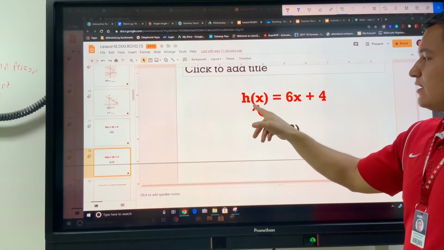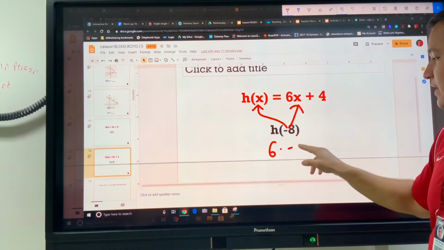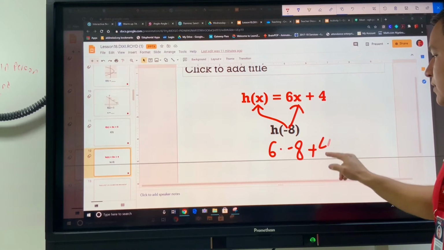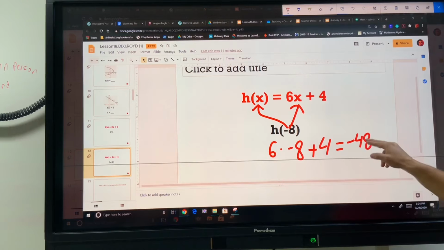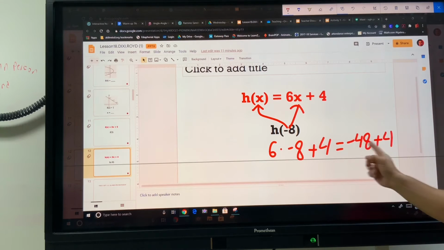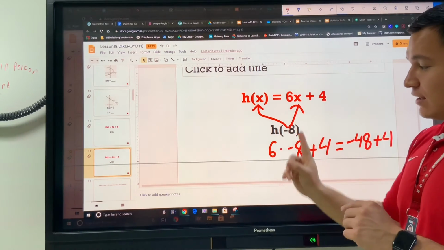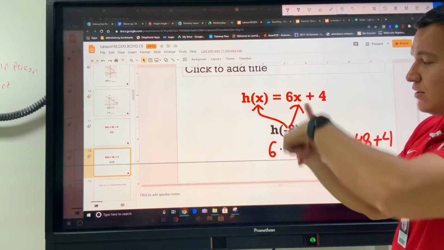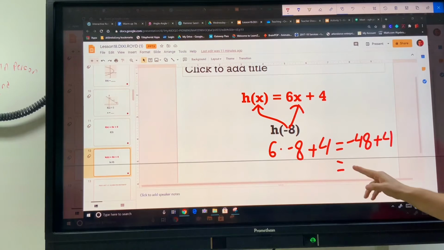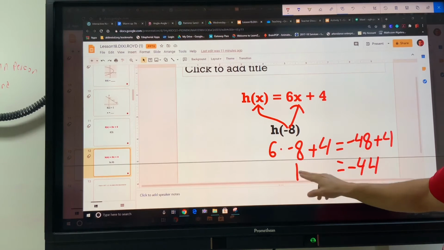That means this negative 8 is replacing x. 6 times negative 8 plus 4 is equal to negative 48 plus 4. Look at these, they have different signs. One of them is negative, one of them is positive. That means one of them's pointing up, and then we have negative 48 pointing way down there. These are going to cancel each other out, but just a little bit, to get negative 44 is h of negative 8.